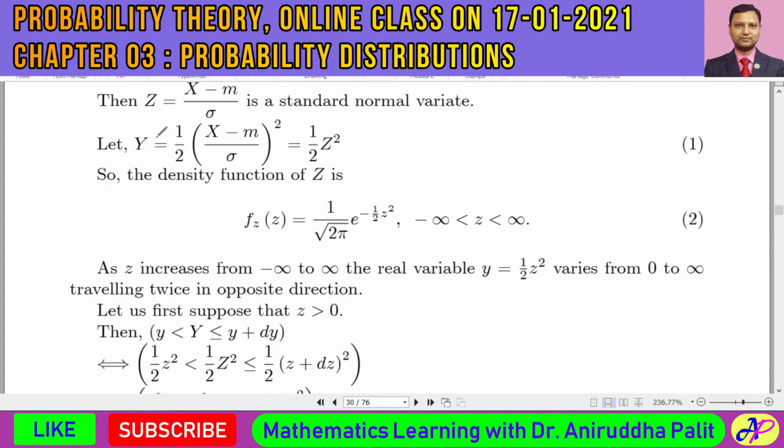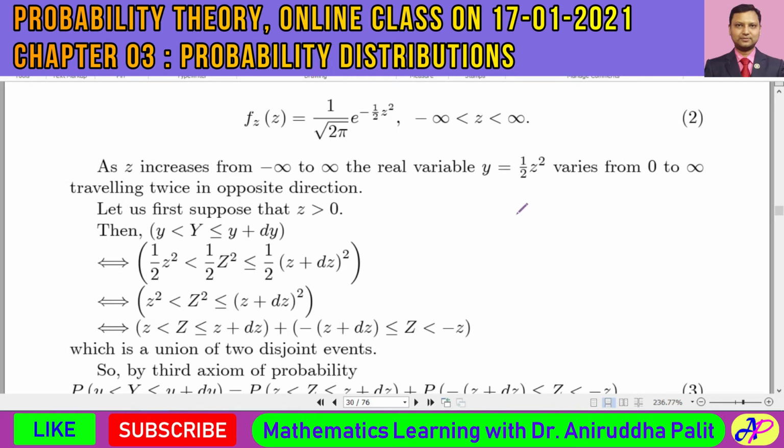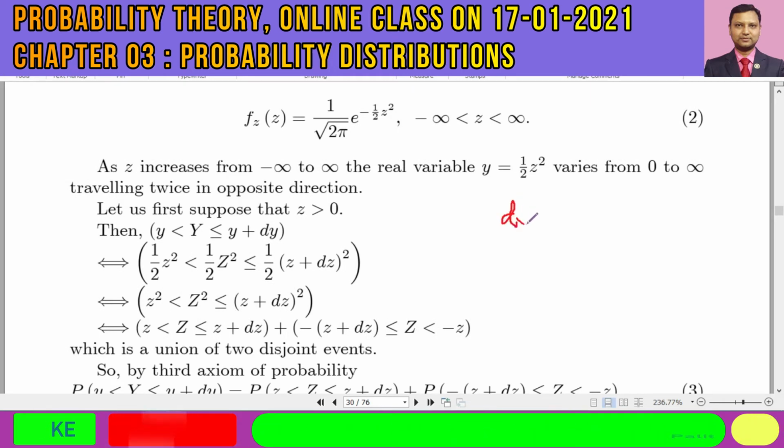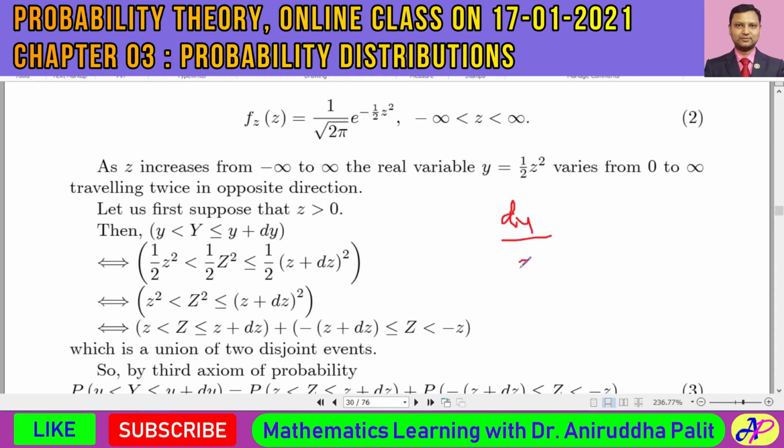Now over here, capital Y is equal to half of capital Z square, therefore small y should be equal to half of small z square. If we consider dy dz, then dy dz should be simply z.